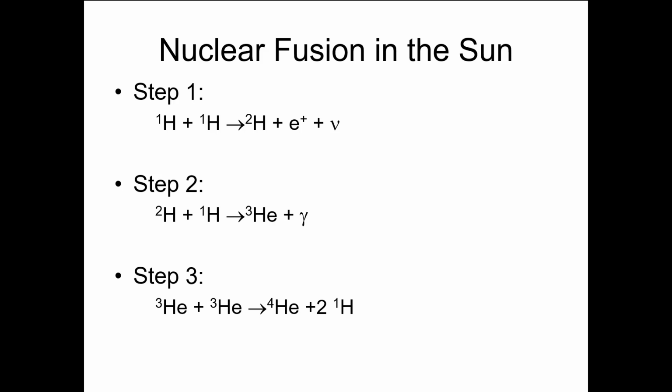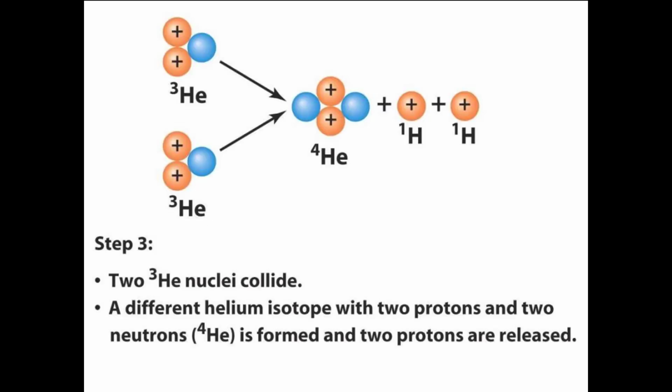It's not quite as interesting as the first two steps. We don't have any weird little things coming out or gamma ray photons, but those protons move away at high speed, which means they have a lot of kinetic energy. And here's the picture version of that step.